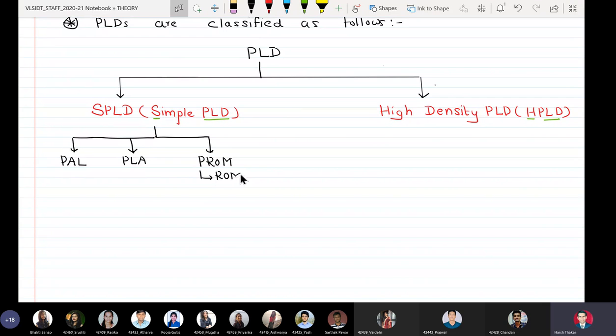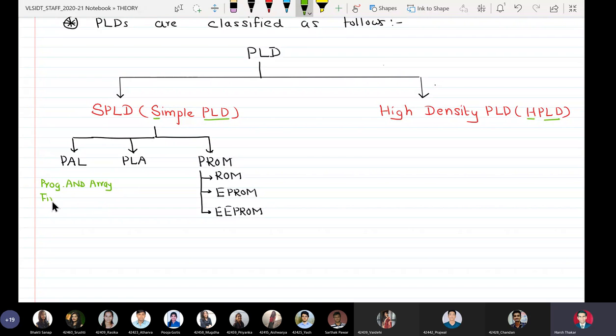PROMs are of different types. We have ROM, we have EPROM, we have EEPROM. And you know that PAL has a programmable AND array.